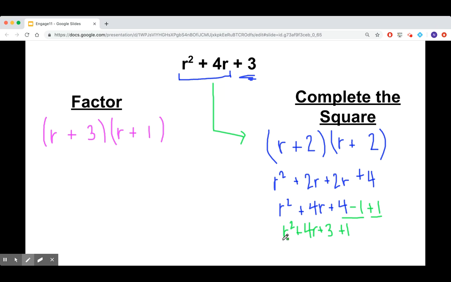So I can simply change the first 3 terms of this expression to r plus 2 squared plus 1. Both of these expressions, r plus 2 squared plus 1 and r plus 3 times r plus 1, are equivalent to my original expression, r squared plus 4r plus 3.